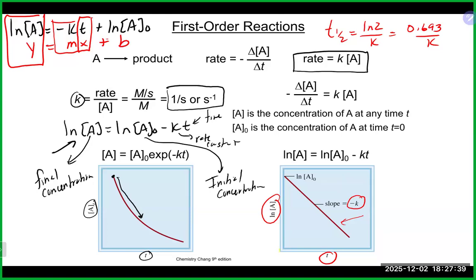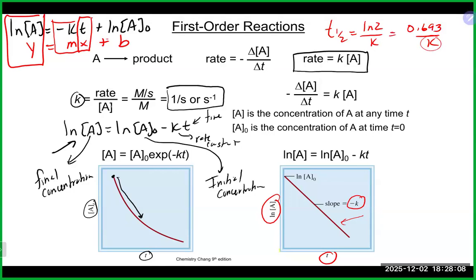So obviously, if you started with 10, first half-life you'll have 5, second one you'll have 2.5, and after that I might need a calculator to continue, but keep dividing by 2. The half-life for a first-order reaction is only dependent on the rate constant, it is not dependent on the initial concentration. And again, you will see these formulas again when you do nuclear chemistry in 200B if you are taking it.